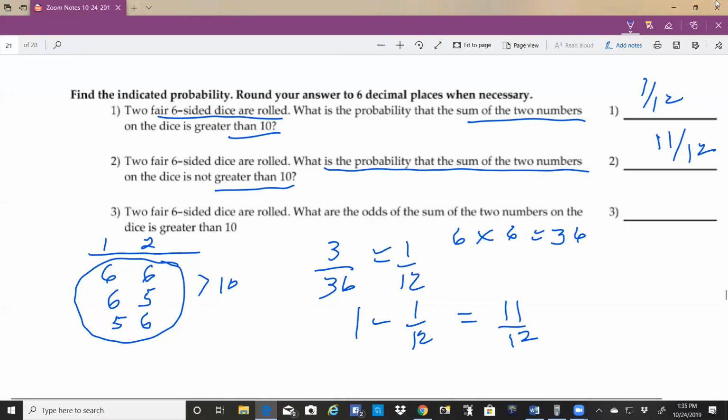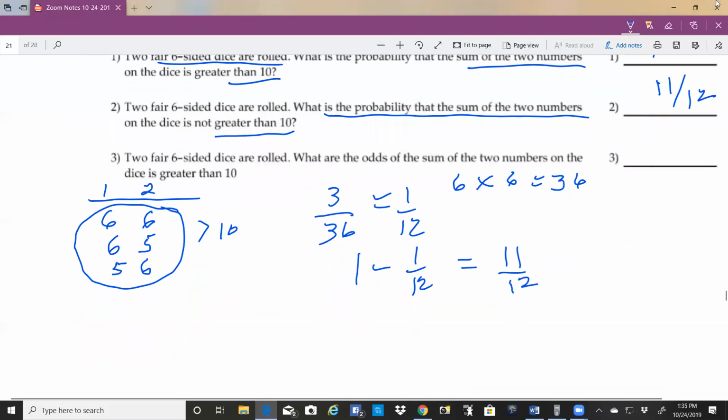Now let's do the odds. What are the odds of the sum of the 2 numbers on the dice being greater than 10?